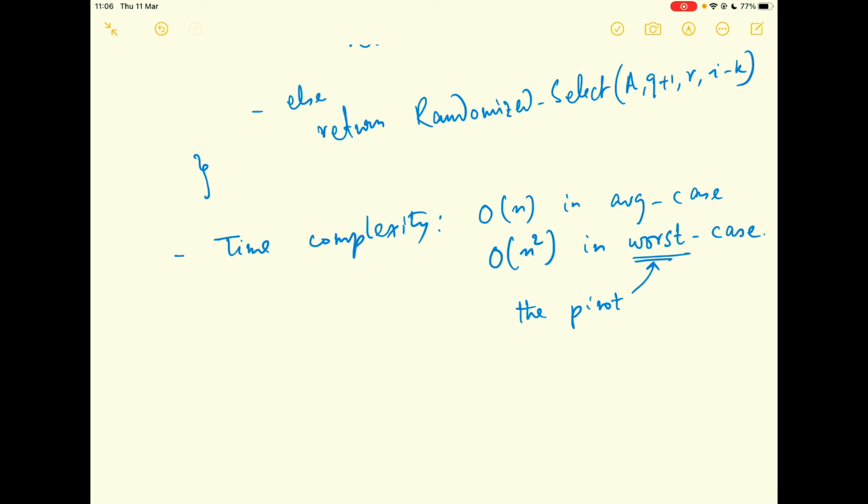The pivot element may not divide the array into roughly equal parts.